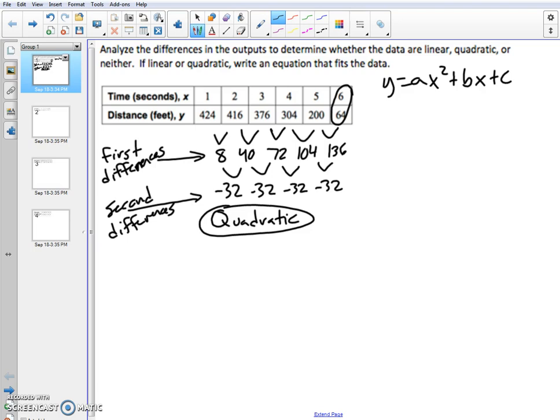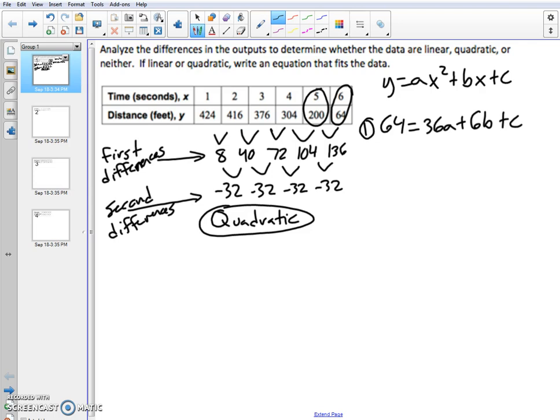So 64 is my y and 6 is my x. So I'm going to write an equation using that. So I have 64 equals, let's see, if x is 6, this would be 36a plus 6b plus c. And I'm going to call that equation number 1. So that's not enough to find my a, b, or c here. I need more equations. So I'm going to pick a second point.